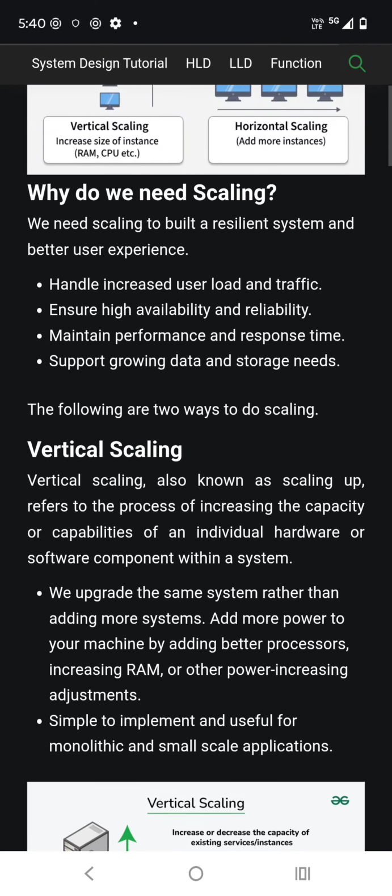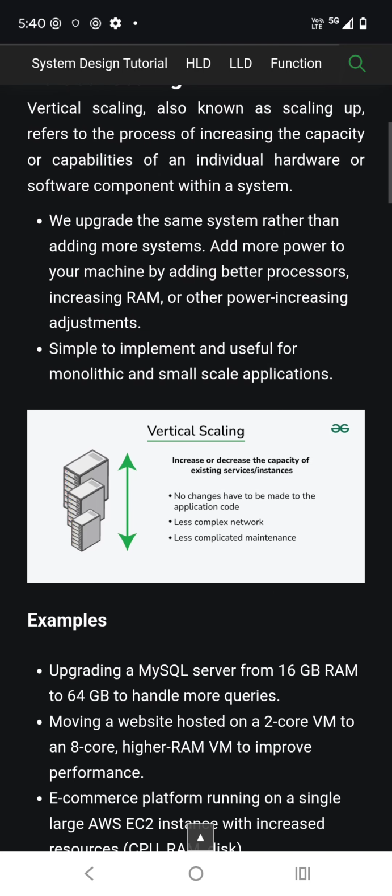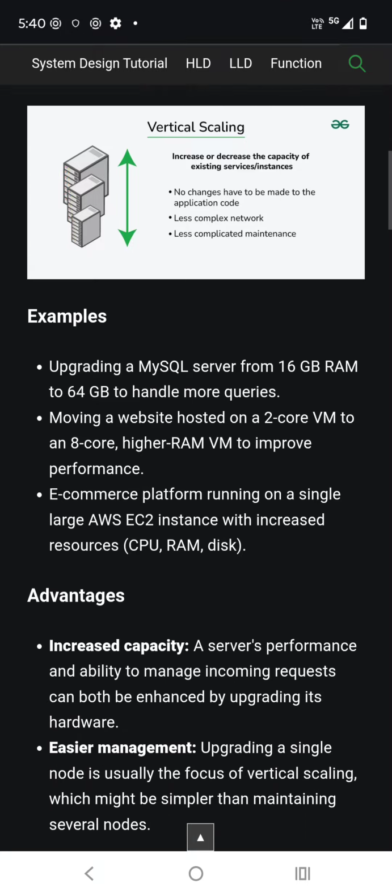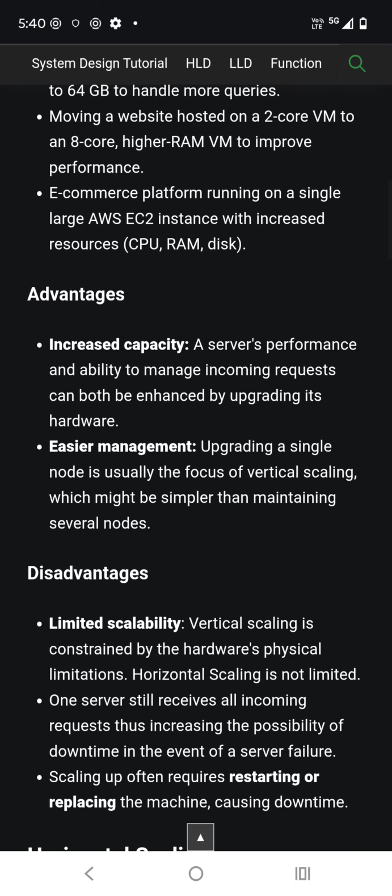Vertical scaling means whenever your load or requirement is very huge and you want to process multiple requests, your existing server or computer may not support handling the requests. Then what you usually do is increase the CPU, the RAM size, the hard disk; you increase the hardware basically. So this is called vertical scaling.